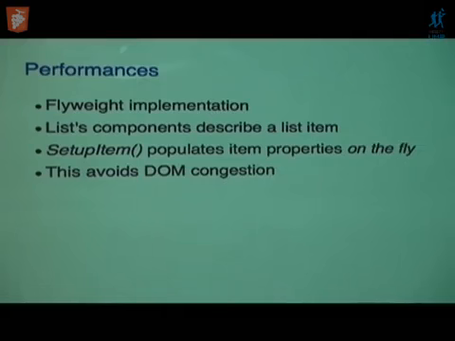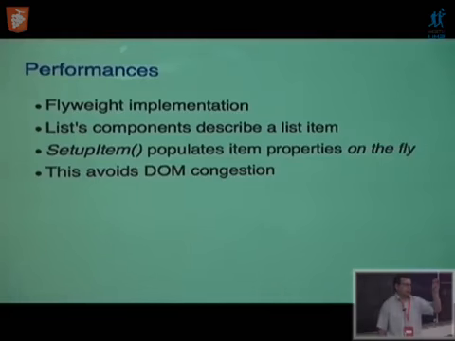Here the setupItem is a function that will be called each time an element is displayed, and it will populate the item's properties on the fly, so that DOM elements will be rewritten. There is no need for one DOM element for every list element.